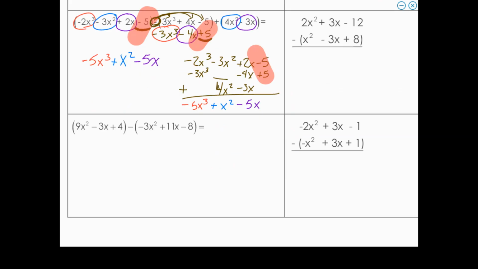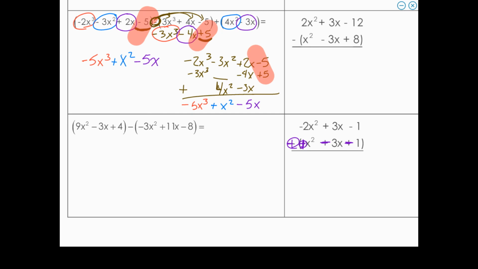Just briefly, I want to show this one right here. When you distribute this negative here, that was also a negative, so it's going to be a positive. Negative, negative. So everything changes signs when you distribute that negative sign. So if it's negative, it changes positive. If it's positive, it changes negative.